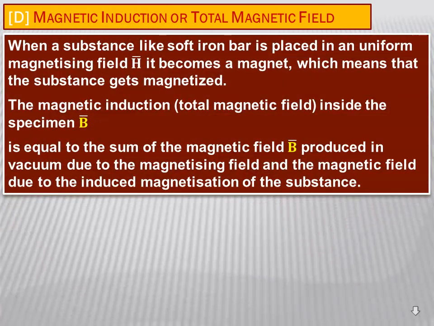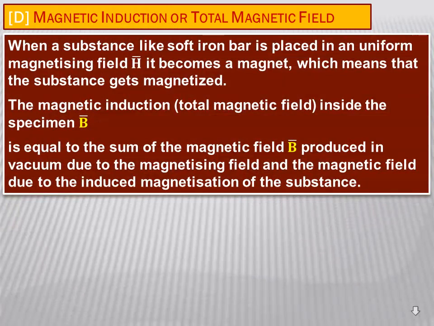The magnetic induction, that means the total magnetic field inside the specimen, is B vector, which is equal to the sum of the magnetic field B vector produced in vacuum due to the magnetizing field and the magnetic field due to the induced magnetization of the substance.